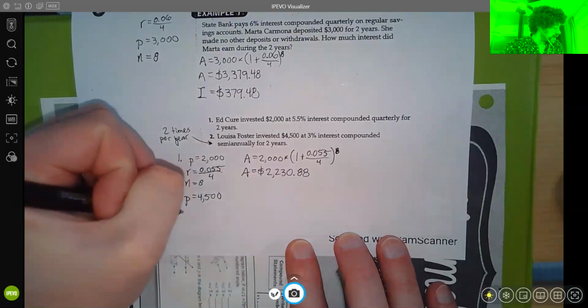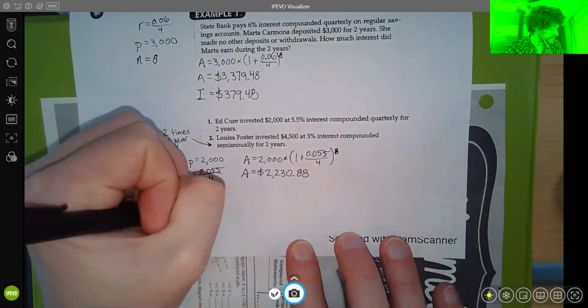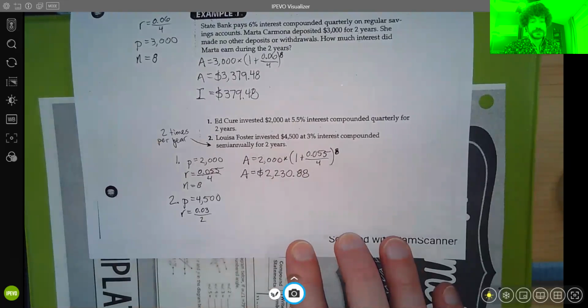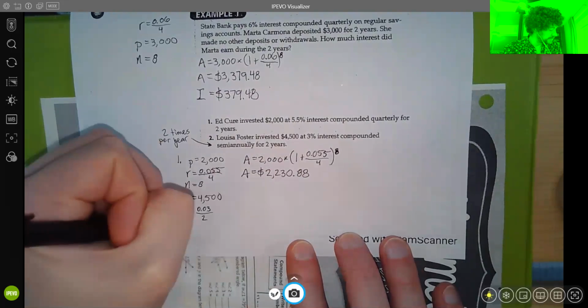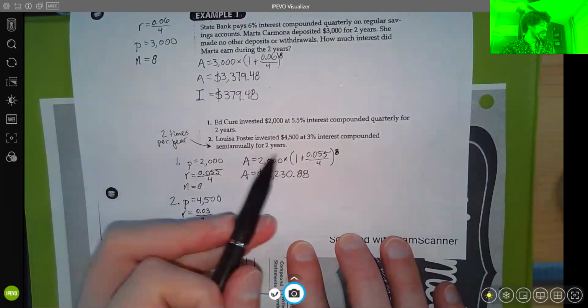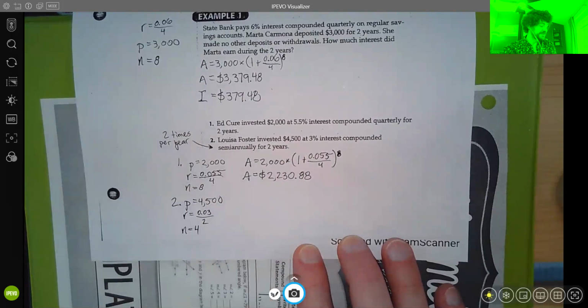So for the value of R, it's going to be the actual rate of 3%, 0.03, divided by the number of periods per year, 2. And then N will be the number of total periods. So if it's compounded twice a year for 2 years, it's going to compound 4 total times over those 2 years.